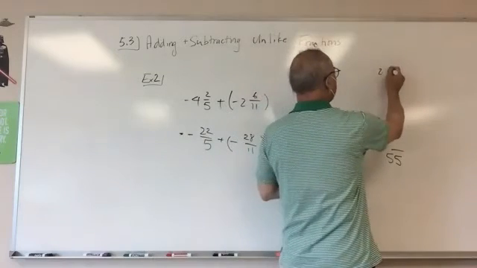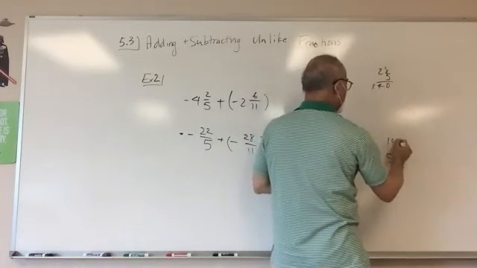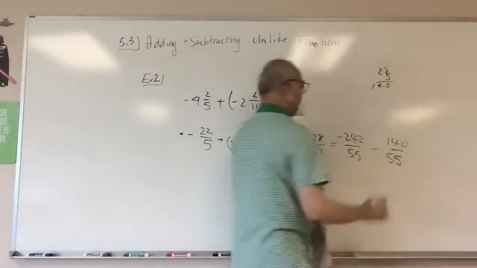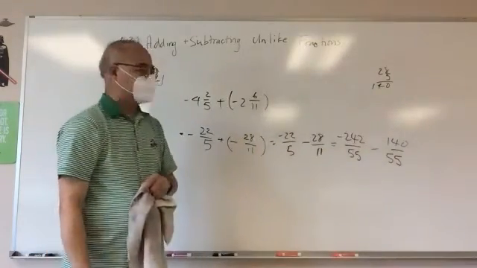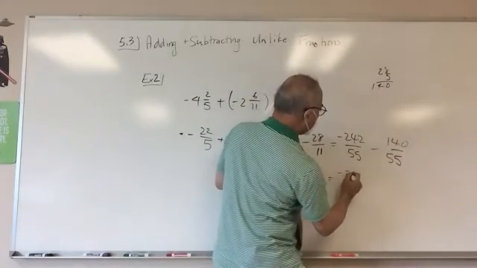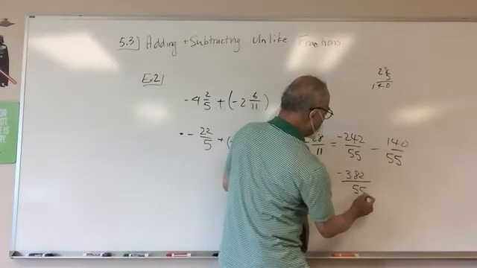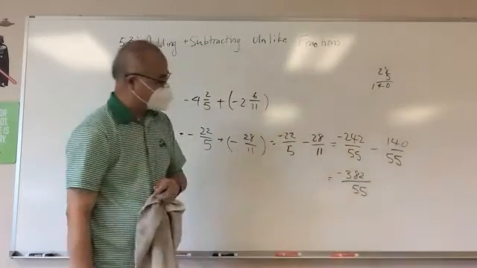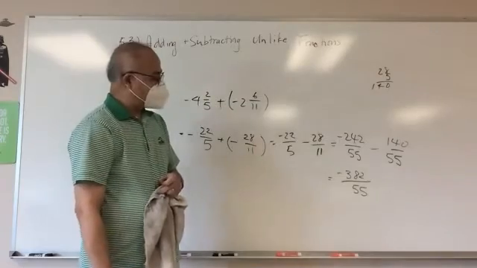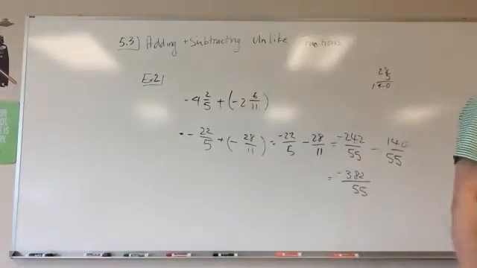So negative. Right? So if I add these two together, I get negative 382 over 55. And that's it. I don't think those are divisible by anything else. Yeah, that's it.